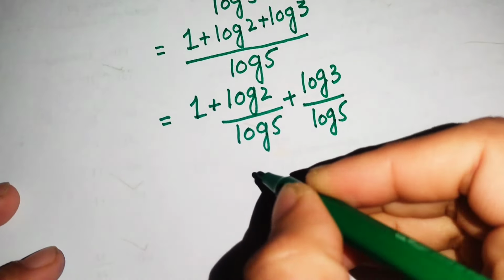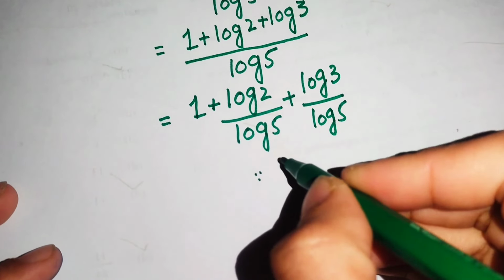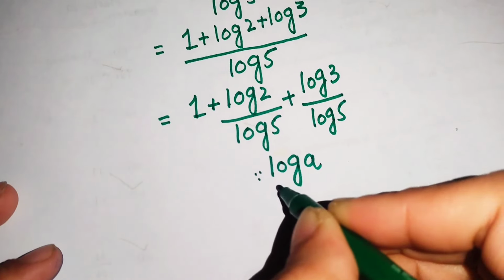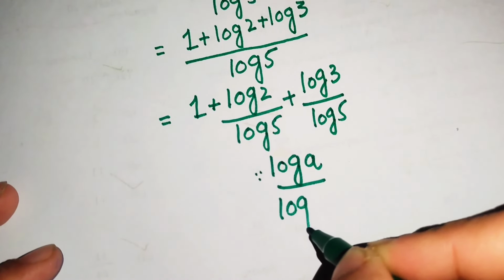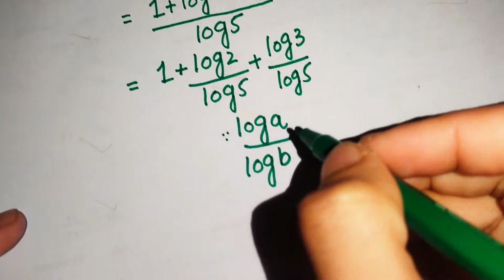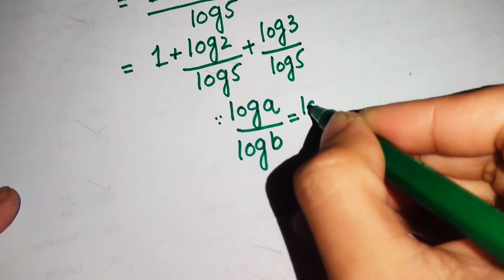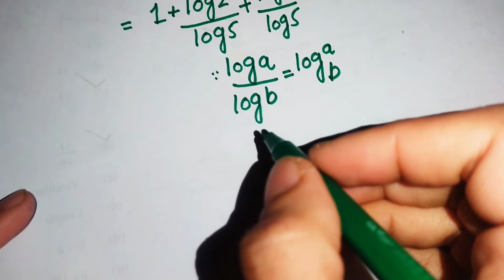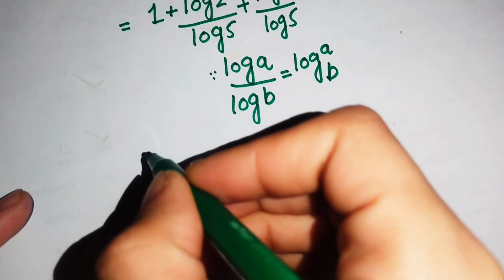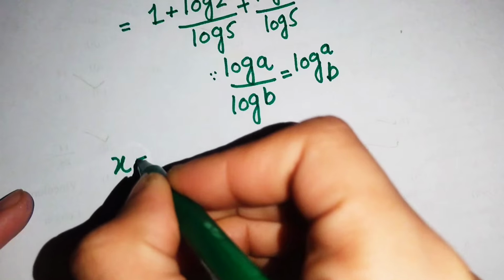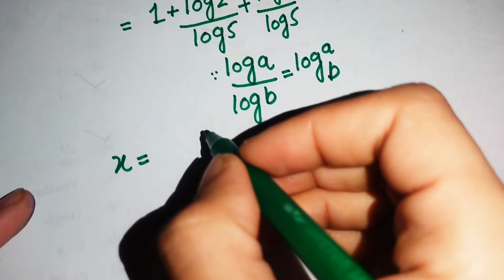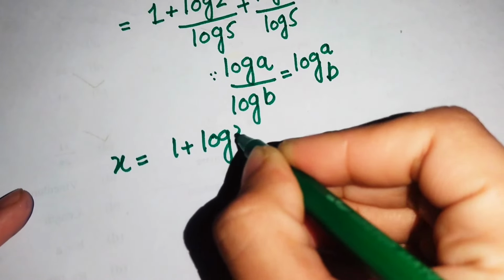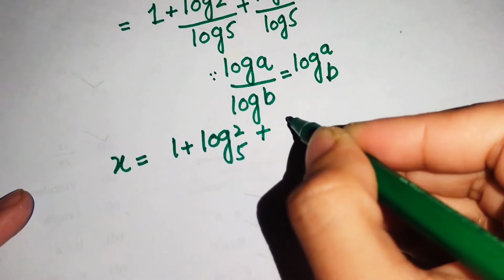Now we know that the property of log is log A over log B is equal to log_B A. So applying this property, x is equal to 1 plus log_5 2 plus log_5 3.